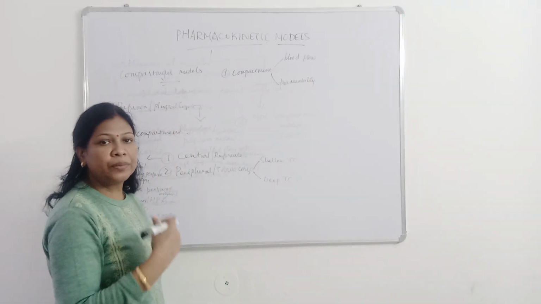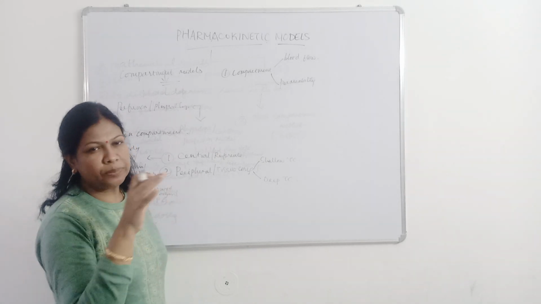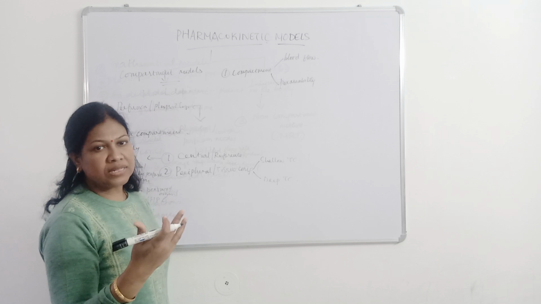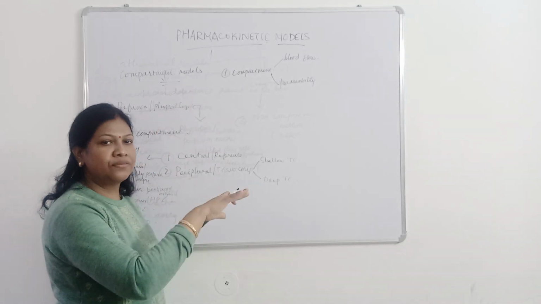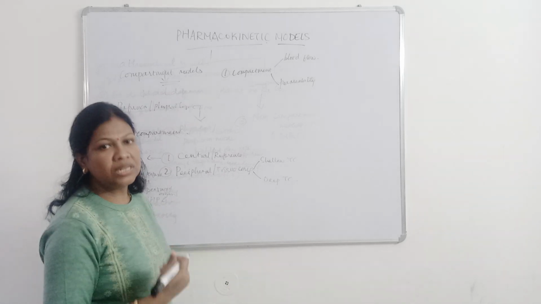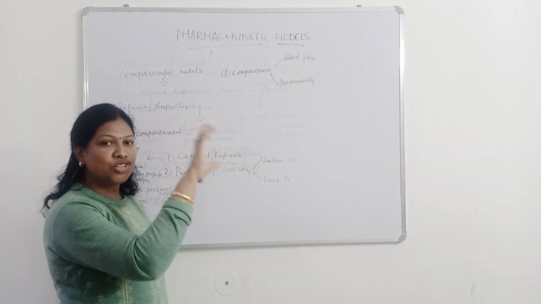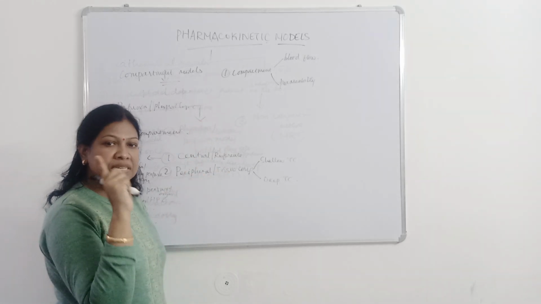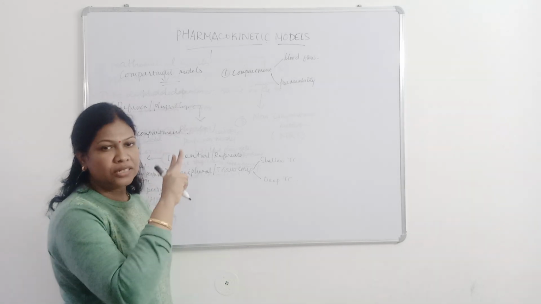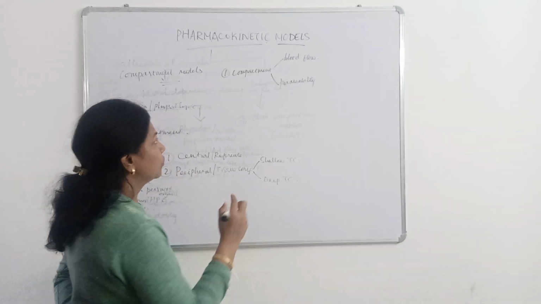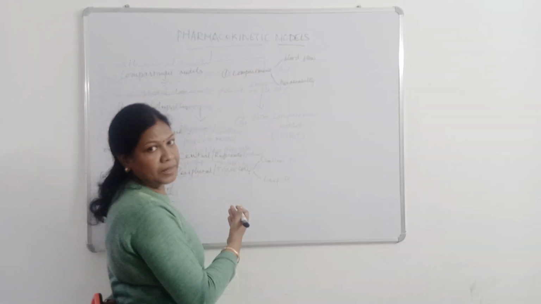Whether the drug is freely permeable or very diffusible, or less permeable to that particular tissue or organ, that also decides whether the tissue is in the first, second or third compartment. So how do we segregate the tissues into different compartments? Based on blood flow, and second, based on the permeability of the drug to that tissue.